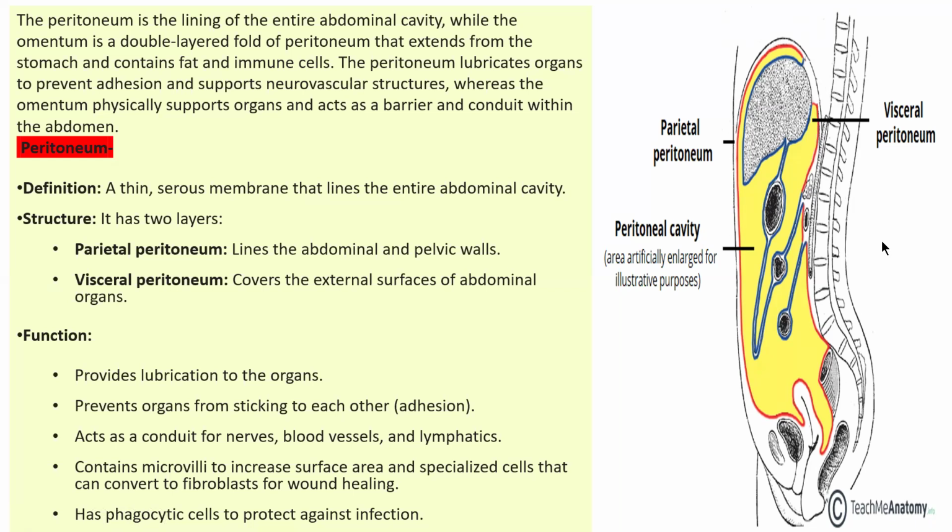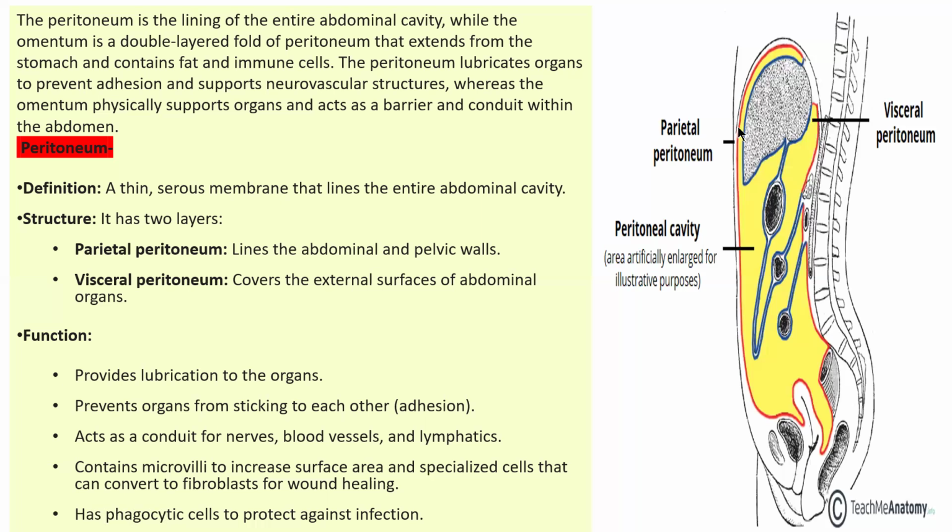The peritoneum lubricates organs to prevent adhesion and supports neurovascular structures, whereas the omentum provides physical support to organs and acts as a barrier and conduit within the abdomen, where all the movement takes place.